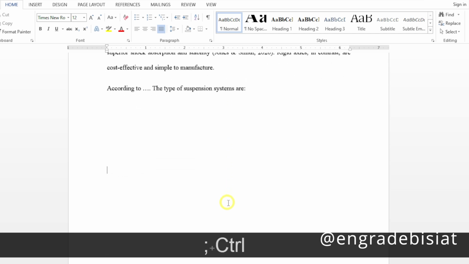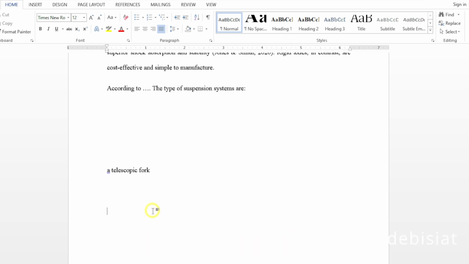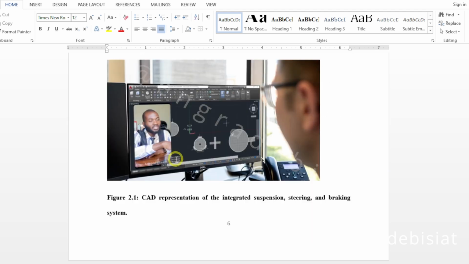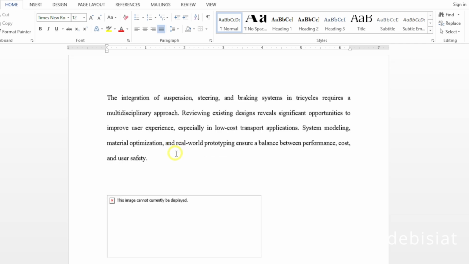And of course, one of them must be the telescopic fork. Since you are using a telescopic fork suspension system, you have to discuss it in detail: the advantages and disadvantages of using it here, before you conclude to use it in your chapter 3.